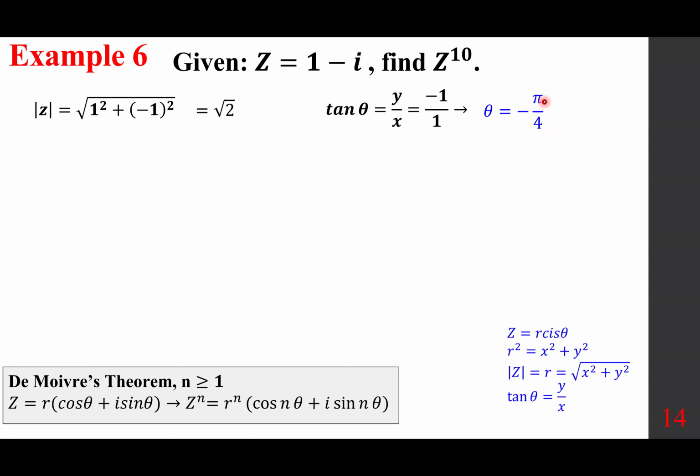So just the way it is, z equals r cis theta. Therefore, z is the square root of 2 cis minus pi over 4. So we want to raise this to the power of 10, everybody.